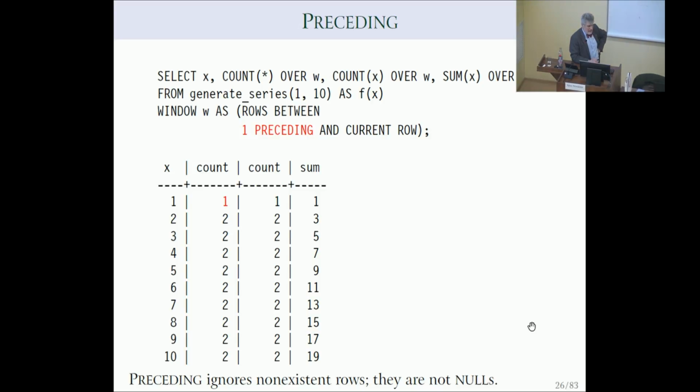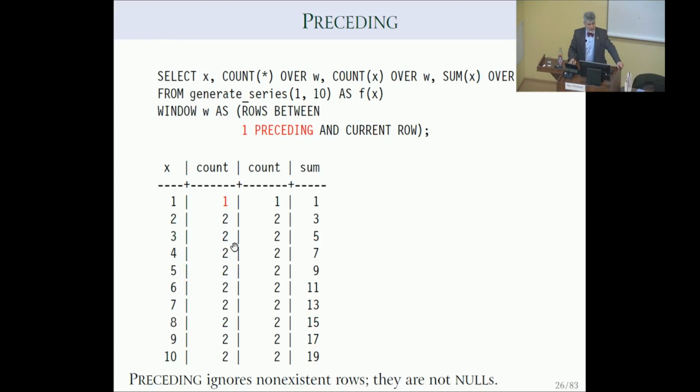Here's a more interesting case. We're now doing rows between one preceding and current row. So the row before my row. Now you notice that the first row only counts 1 because it doesn't have anything preceding it. There's nothing before the first row, so it's just 1.